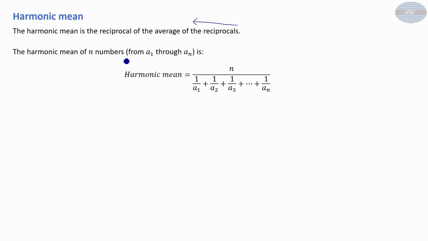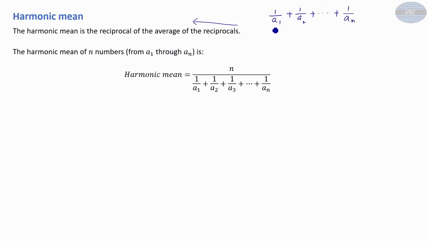The harmonic mean of n numbers from a1 through an is, first of all we find the reciprocals of all the numbers, that is 1 divided by a1, then we sum it up, 1 divided by a2 plus and so on, 1 divided by an.